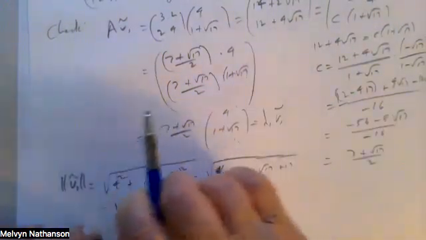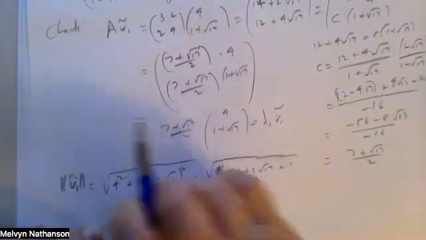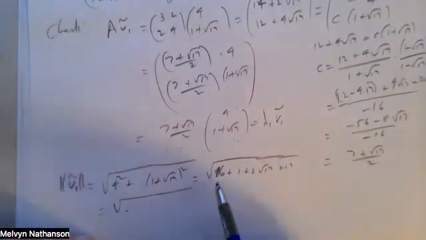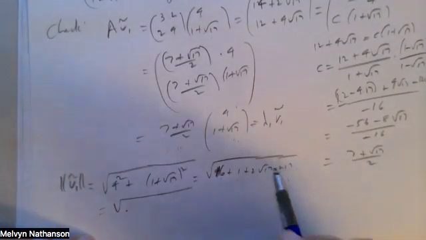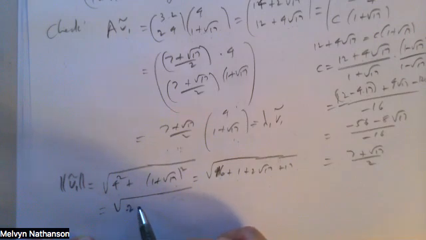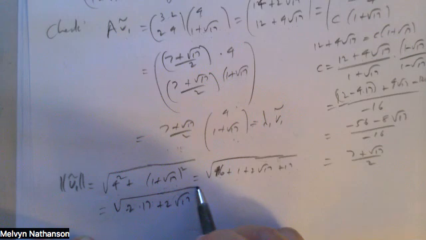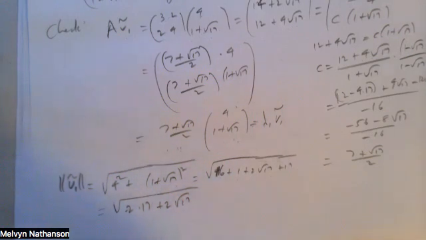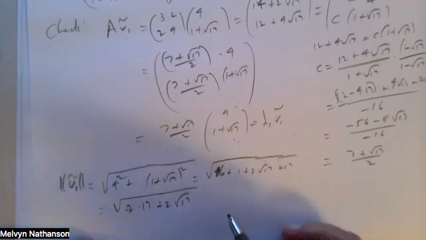So let me do my arithmetic correctly. That's always an advantage. So this is 17 plus 17, this is 2 times 17 plus 2 times the square root of 17. Whatever it is, that's what it is. That's the length of the vector.